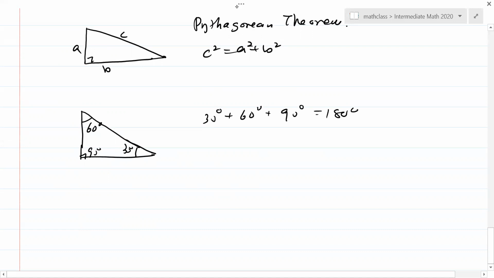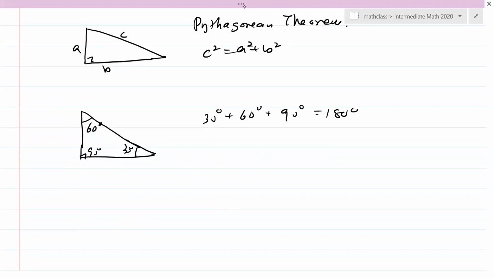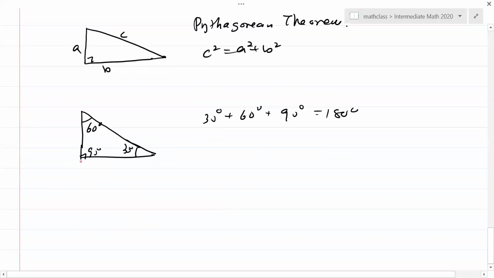So what I'm going to do is duplicate another one and put it here. What I get here is 30 degrees, 60 degrees, and then a triangle where all three angles are equal to 60 degrees. That becomes an equilateral triangle.